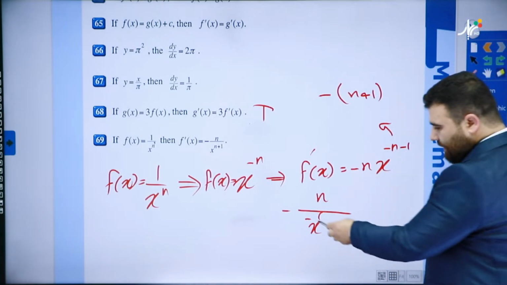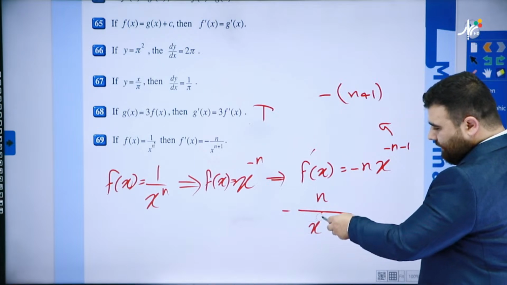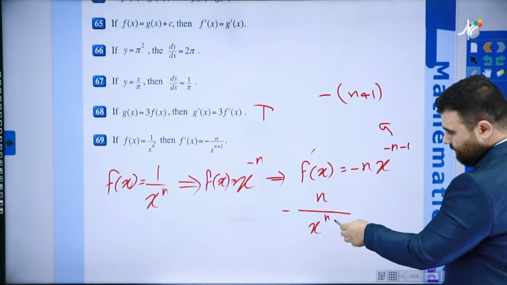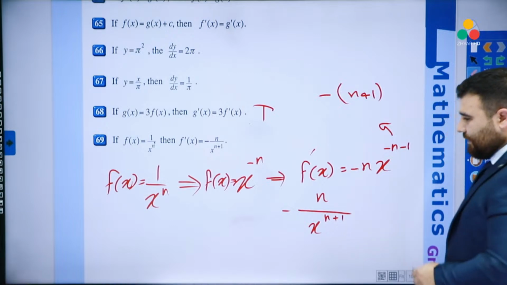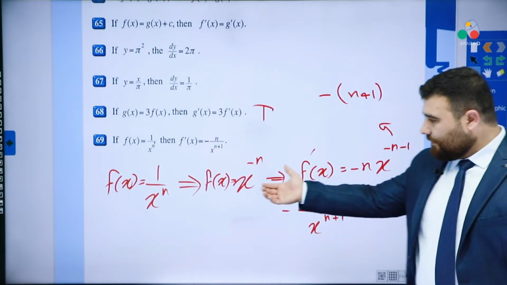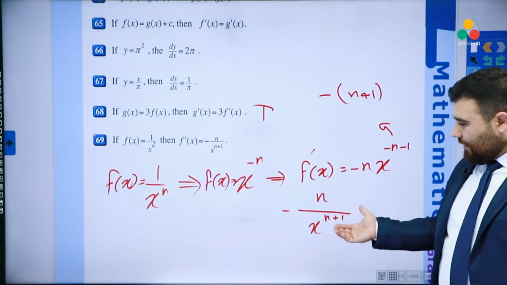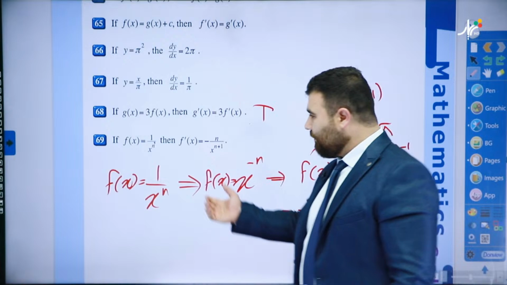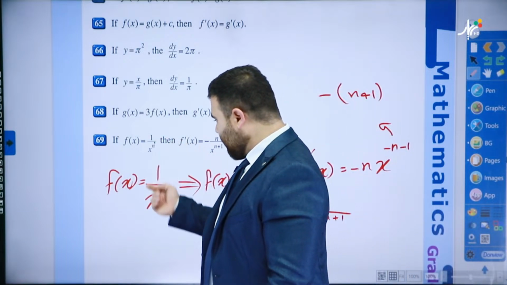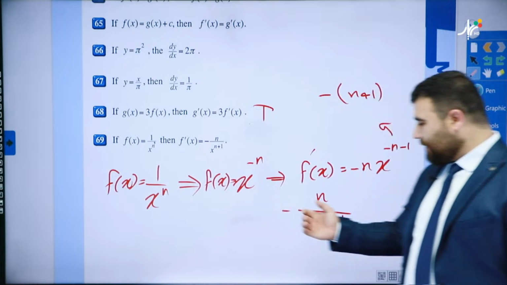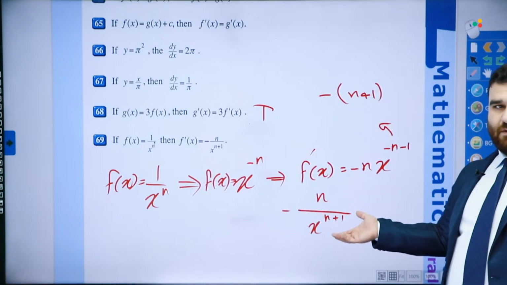What's remaining is only n plus 1. This is the derivative of x power negative n. If we compare 1 over x power n, the derivative will be negative n over x power n plus 1. The answer is yes, this is correct.